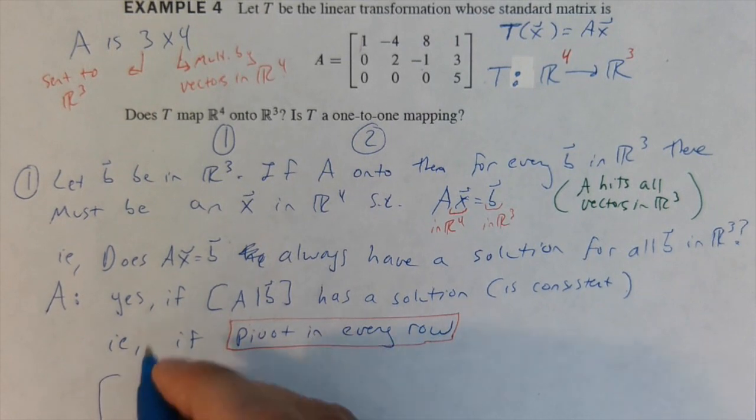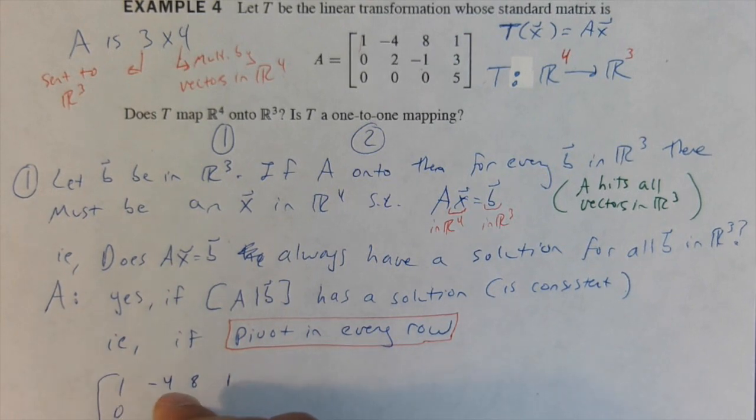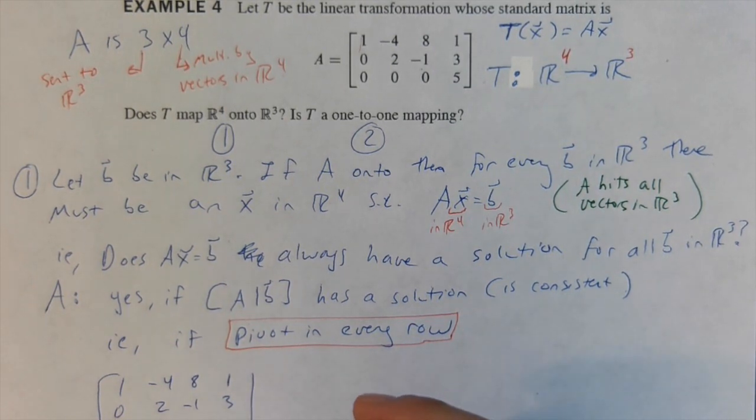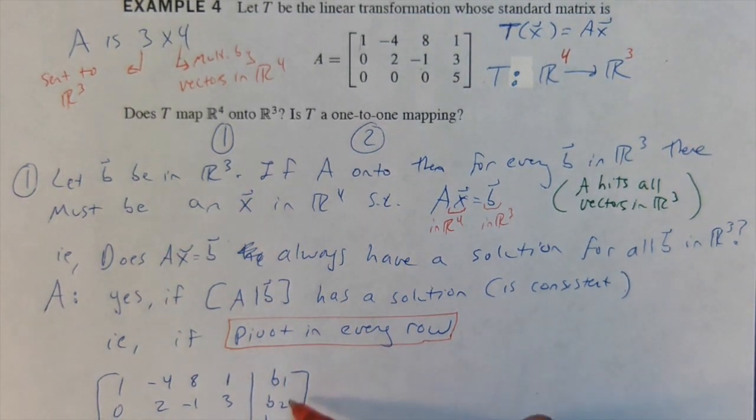So I'm going to rewrite this matrix right here. 1, -4, 8, 1. 0, 2, -1, 3. 0, 0, 0, 5. And then I'm going to add a final column here and put some fake vector in there, b1, b2, b3, because I want to see if this system's consistent for every single possible b, and so I'm just going to write an arbitrary vector down and see if it's consistent.